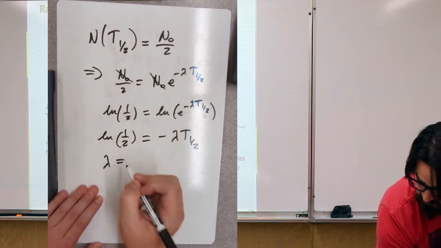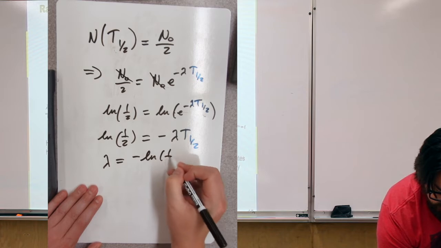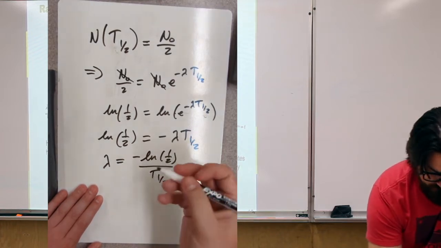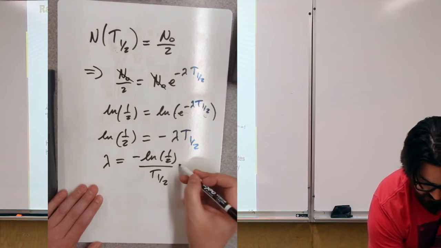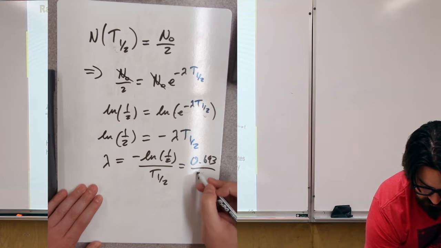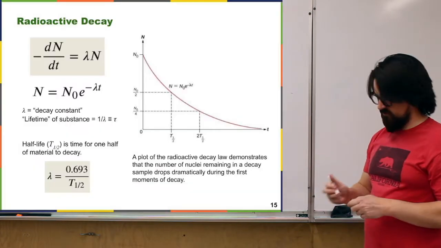So we can write the decay constant as minus the natural log of 1/2 over the half-life. Turns out that minus natural log of 1/2 is 0.693. So that's how we get that relationship there.